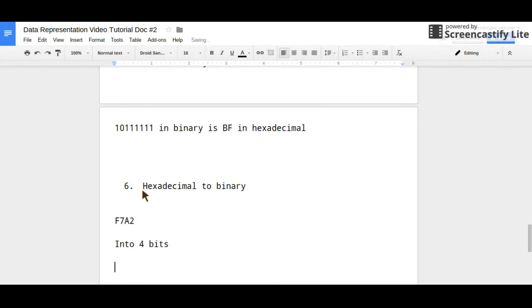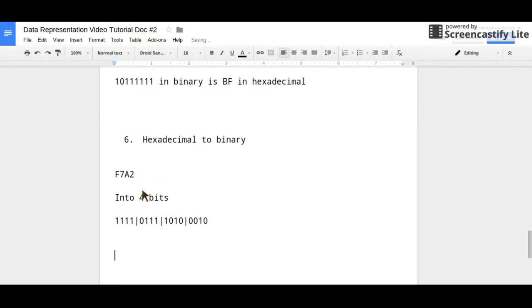Okay, so F is 15, in binary this is 1111. 7 in binary, so you standardize each one to 4 bits, and what this means is if you need a 0 at the start, you have to put the 0 there. A is 10, so that would be 1010, and 2 is 2, so 0010.